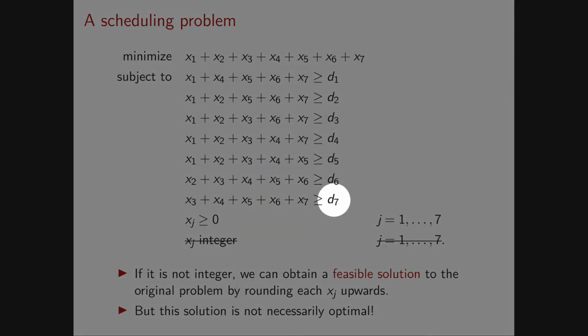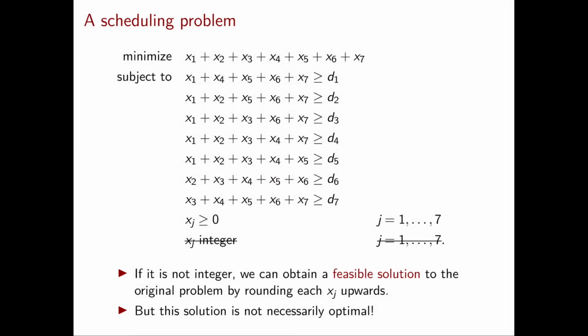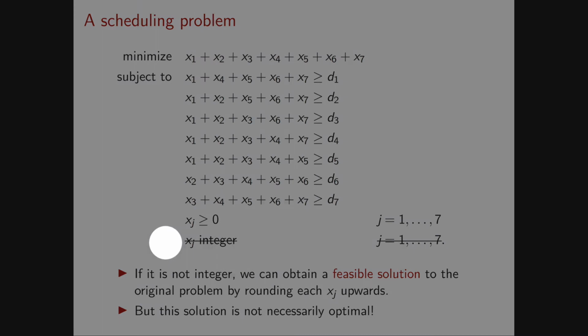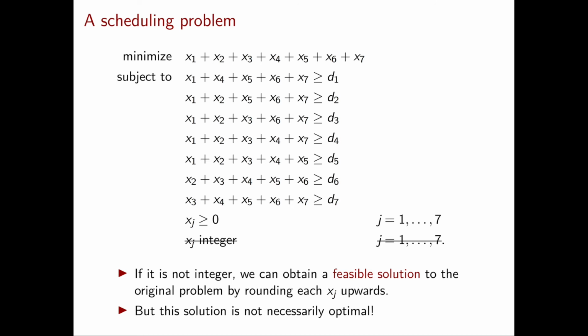For sure, you obtain a feasible solution to the original problem because by rounding you obtain integer variables, so you satisfy the integrality constraint, and you will still satisfy all the inequality constraints because you're just making larger the left-hand side. Of course, this solution is not necessarily optimal, and it's also really hard to say how good this solution is. So it's definitely not a satisfactory way to deal with our scheduling problem, but at least it's a way.